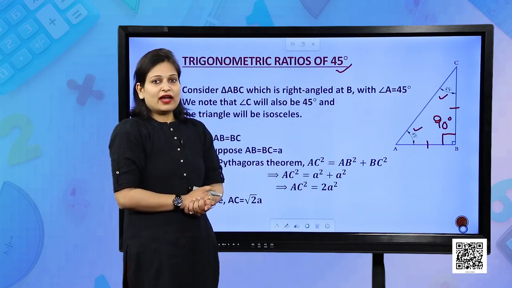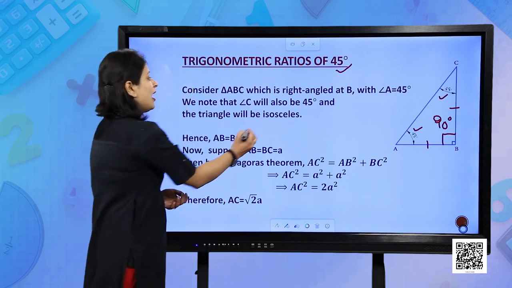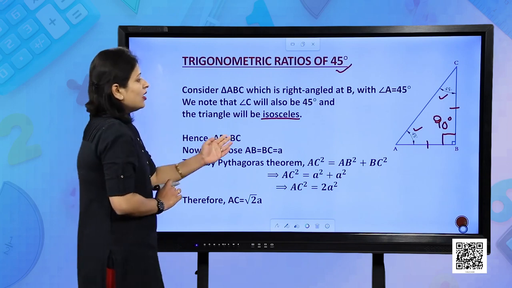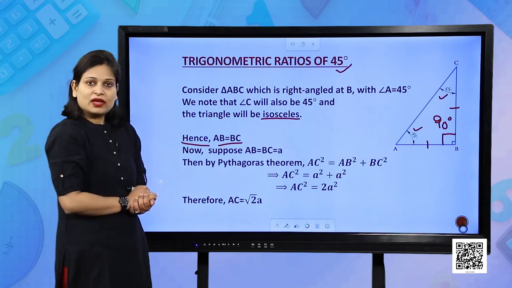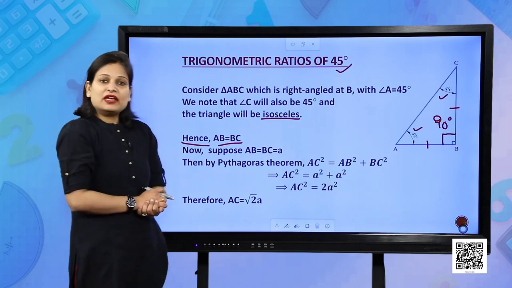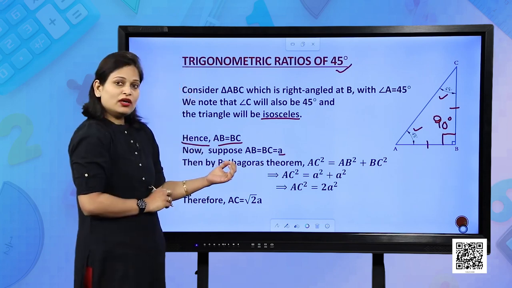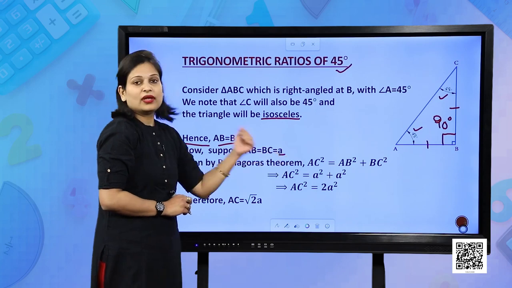Now, when in a triangle two sides are equal, it is called an isosceles triangle. Now, we have AB is equal to BC. Let us suppose the measure of these sides be A. Means AB is A, BC is A.